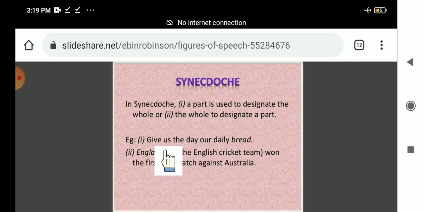For example, 'Give us this day our daily bread.' Here, 'bread' stands for food. 'England,' the English cricket team, is called England, and it won the first test match against Australia of the five test matches. Test matches are usually played in a series of five, though nowadays it is converted into three matches. Now England won the first of them. You can understand with the help of these examples.